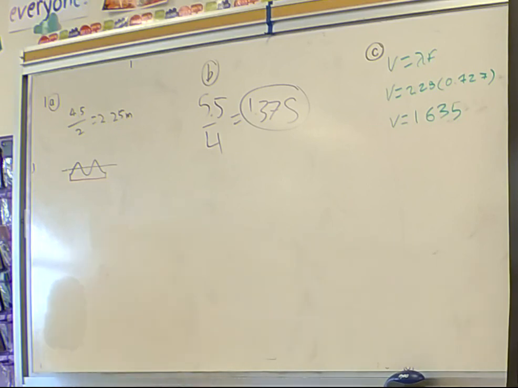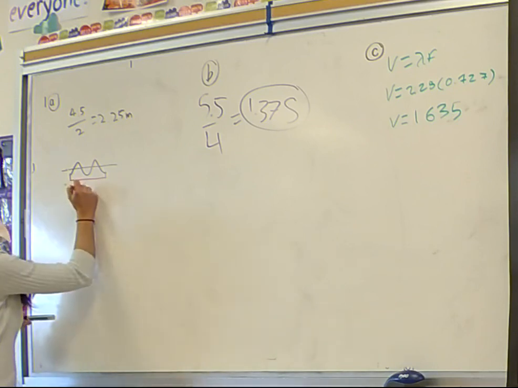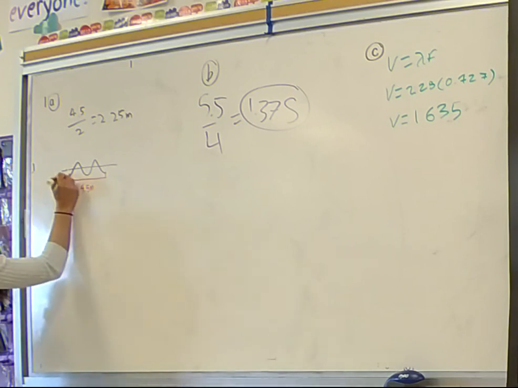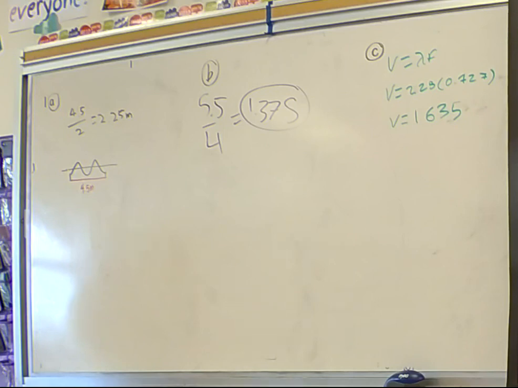So this distance is 4.5. This equation is not in your physics helper, so I want to make sure that you understand in order to find a wavelength, you have to know how many waves are within this 4.5 distance. So I've got 4.5 meters. The distance here for one wavelength, and I know a lot of you are used to counting it from equilibrium, up, down, and back to equilibrium.